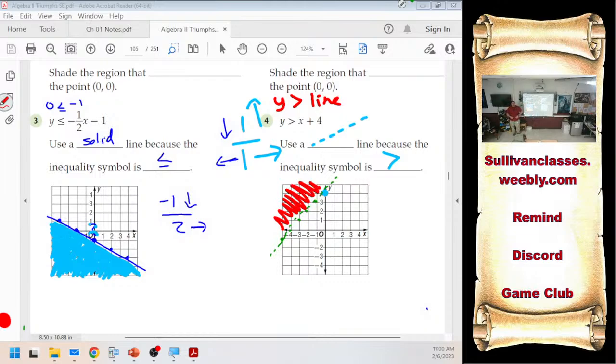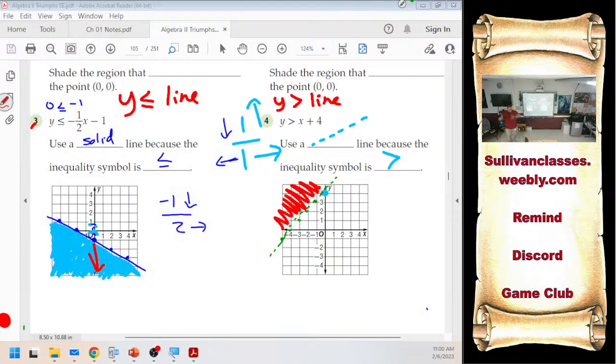I want you to look at the other 3 on the page. Look at number 3. Doesn't that say y is less than or equal to the line? Look at which way we shaded. Y's are less down. Look at number 1 and 2.